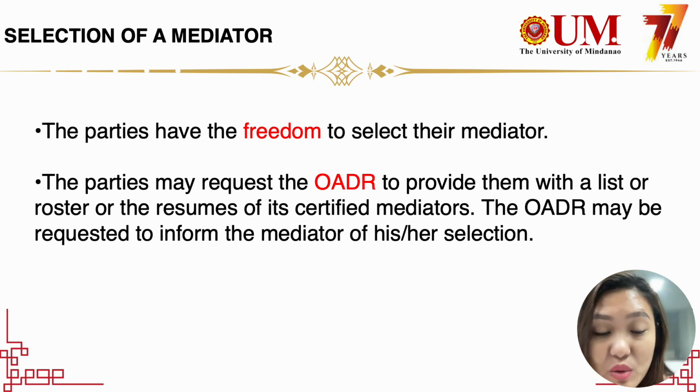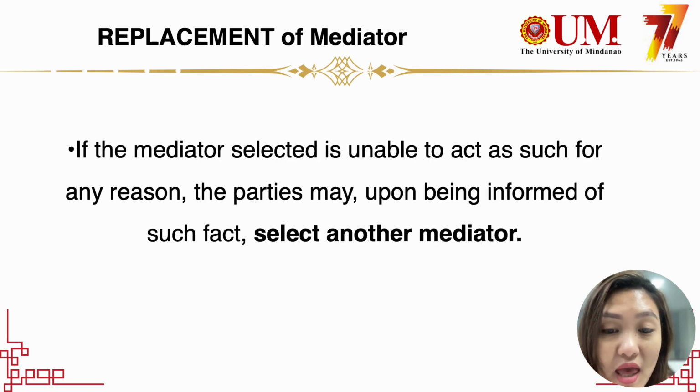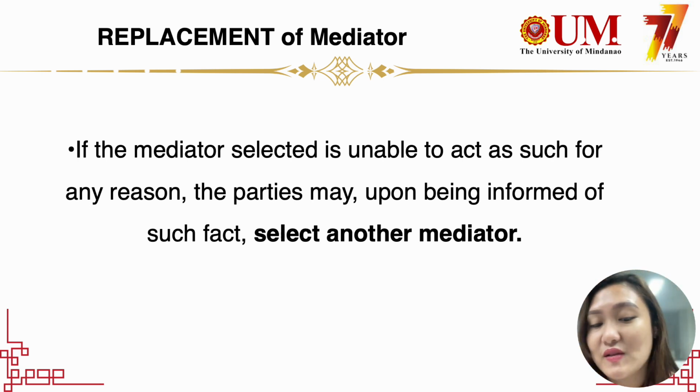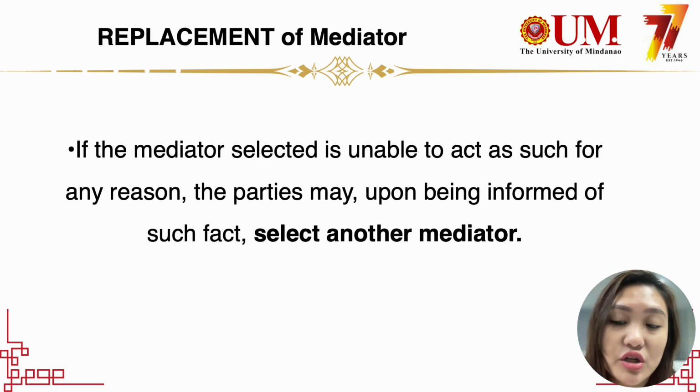And the OADR may be requested to inform the mediator of his or her selection. And when it comes to the replacement of a mediator, if the mediator selected is unable to act as such for any reason, whether a personal reason or of any other nature, the parties may, upon being informed of such fact, select another mediator.